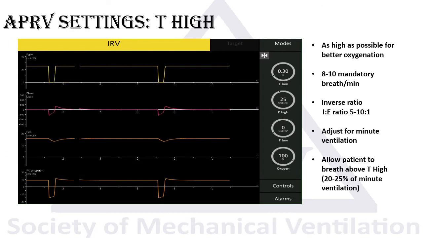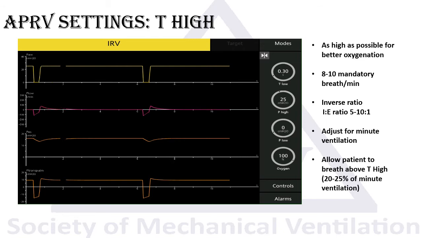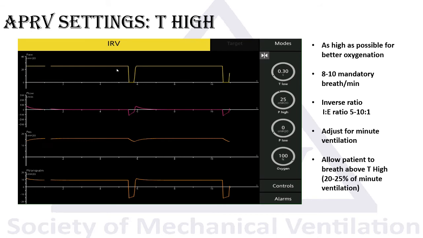Now moving on to the T high, the time high or inspiratory time. And as we talked before, this is an inverse ratio. In severely hypoxic patients, you want the highest T high possible.